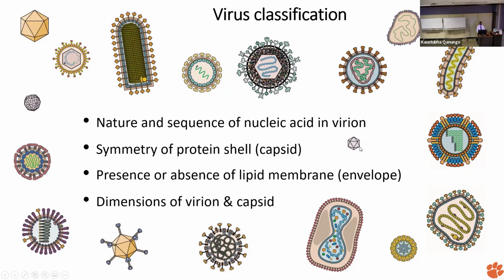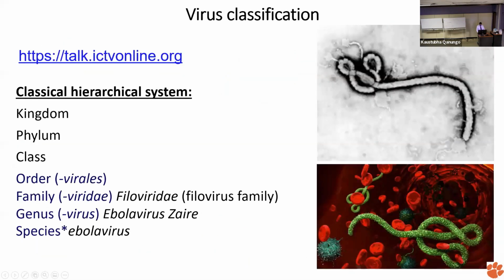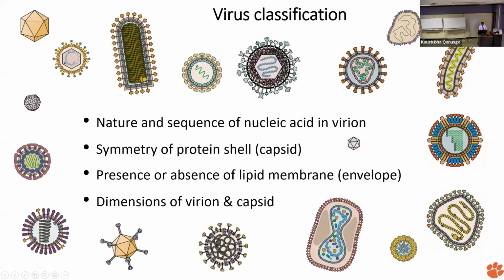Right here, this is also an icosahedral symmetry, just a little bit bigger. And right here, you are looking at an adenovirus, and that is also icosahedral symmetry. Right here, another virus, icosahedral symmetry. So most of these naked viruses will have this.